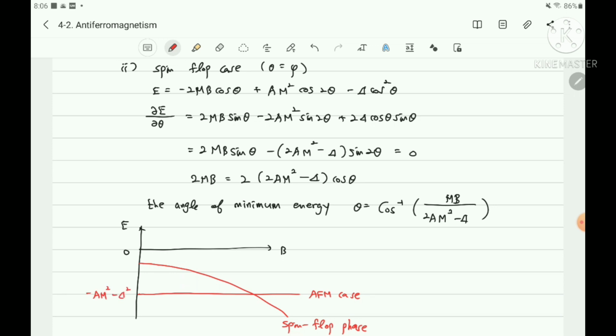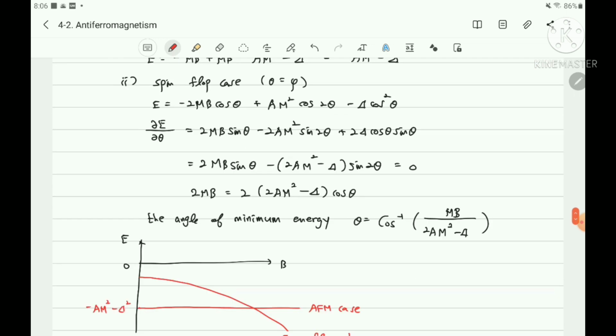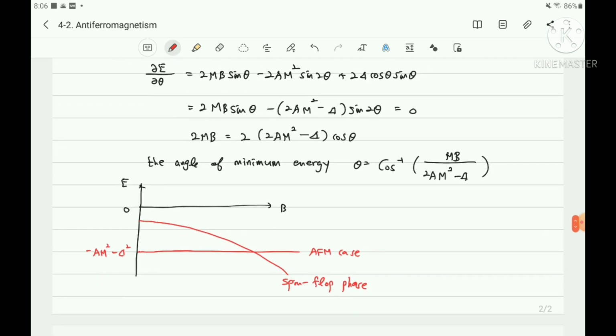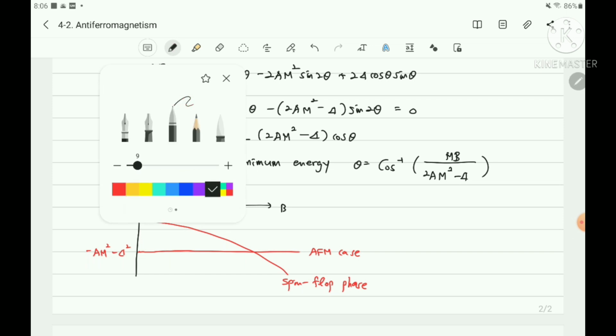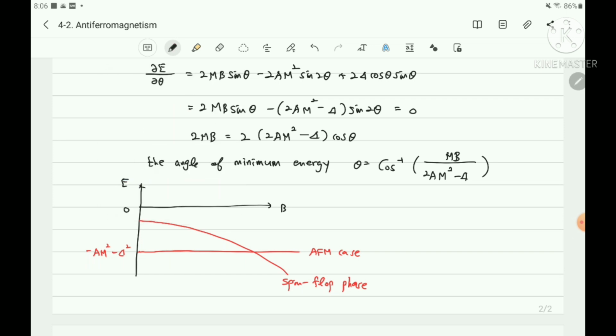Therefore, in low magnetic field, the antiferromagnetic state is more energetically favorable, and in high magnetic field the spin flop phase is more energetically favorable. Therefore, here there is the metamagnetic transition for the spin flop. We call it a metamagnetic transition.